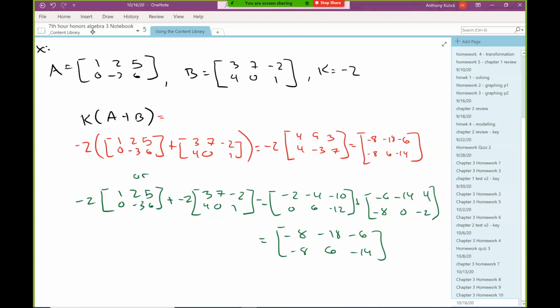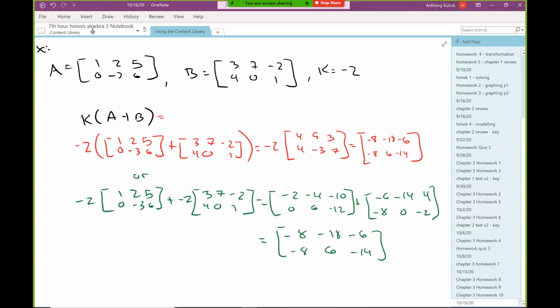Last thing we're going to talk about today. So far, everything has been pretty straightforward, right? These operations have been pretty easy. They've kind of worked the way you'd hope they would work, right? Equal means things are exactly the same. Adding, we just add the corresponding parts. Like subtraction, we subtract the corresponding parts. Scalar multiply, we just multiply everything by it.